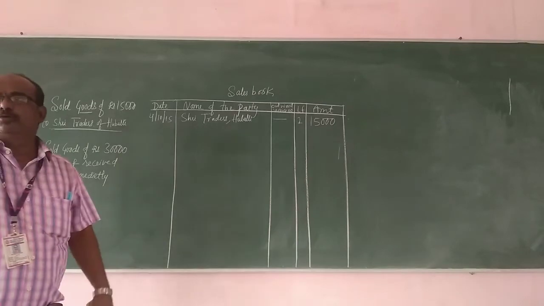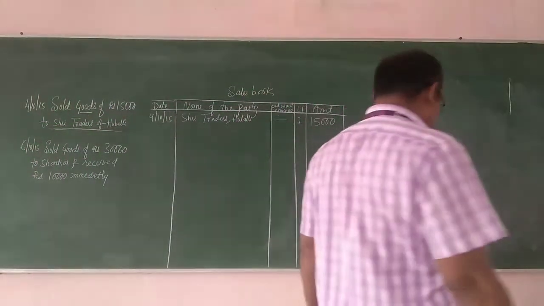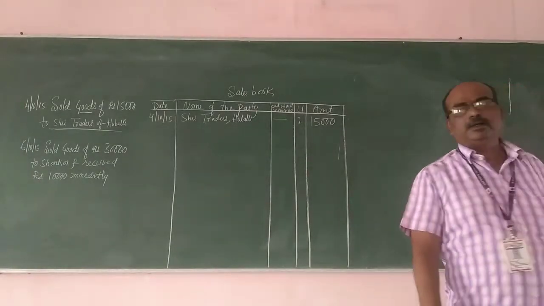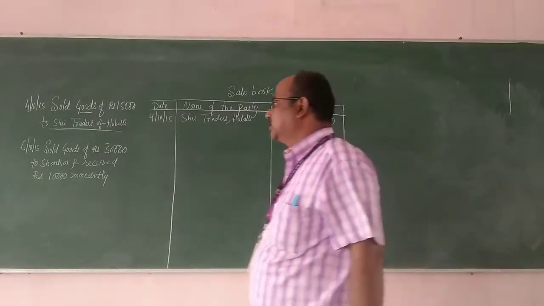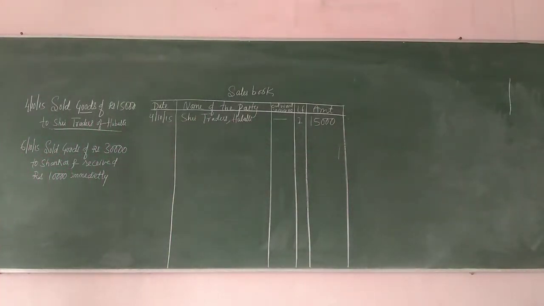So you have sold goods of rupees 30,000 to Shankar and he has paid rupees 10,000 to you immediately. So this transaction is having both cash as well as credit.